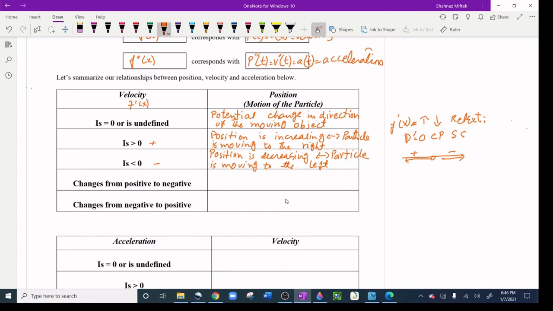Moving to the left, changes from positive to negative. If that was the first derivative, changes from positive to negative, it was a relative maximum, right?